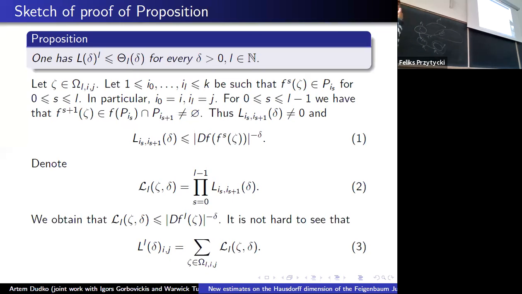But the idea is very simple. When we take L of delta and raise it to the power L, we sum derivatives over pseudo orbits. So this product of L_{i,i+1} can be considered as the derivative of a pseudo orbit.